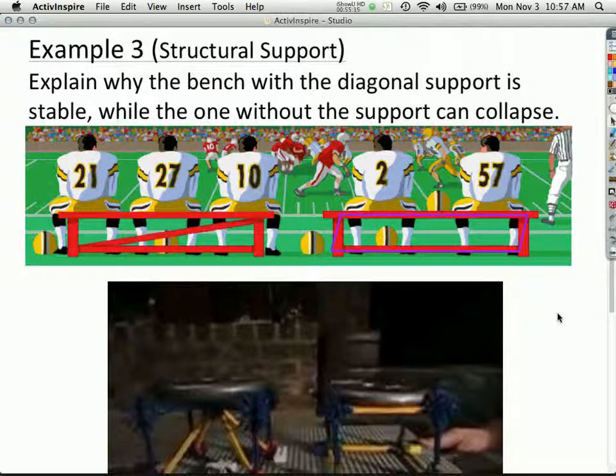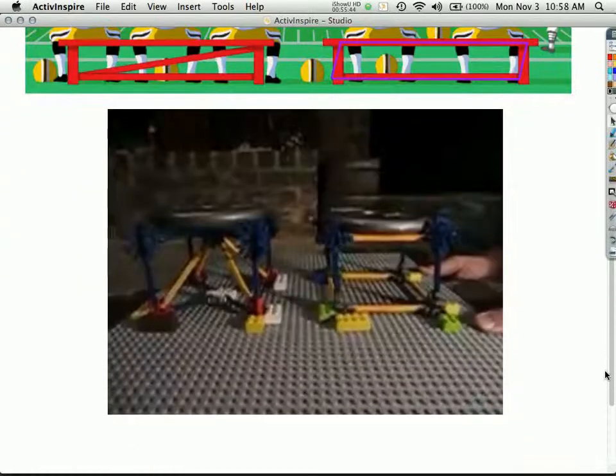It's a parallelogram. With the same exact sides, it turned into a parallelogram. And so that's why that structure is not being supported properly. Whereas when we have a triangular support, it's triangle rigidity, and the properties keep it held together.